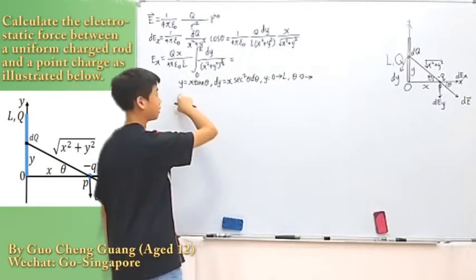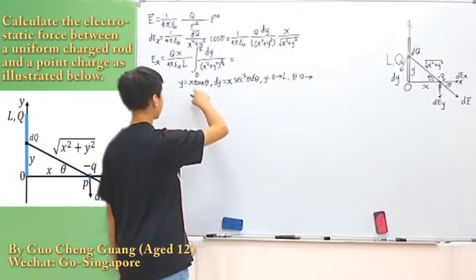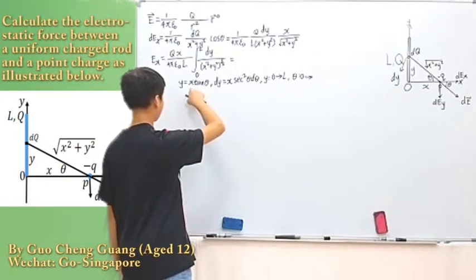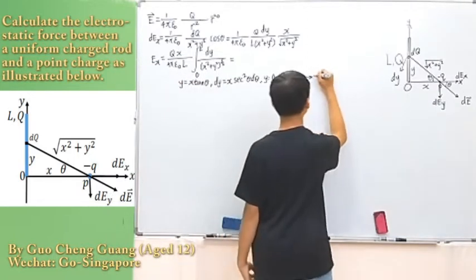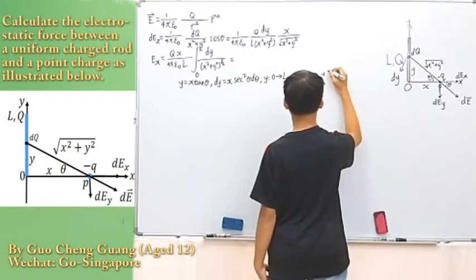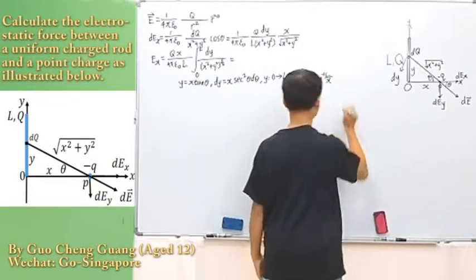We put it back inside here. When y is L, you get L over x, so theta is inverse tangent of L over x.